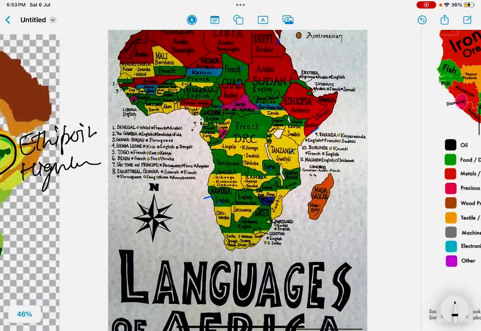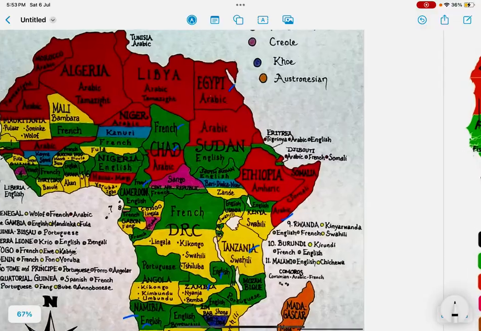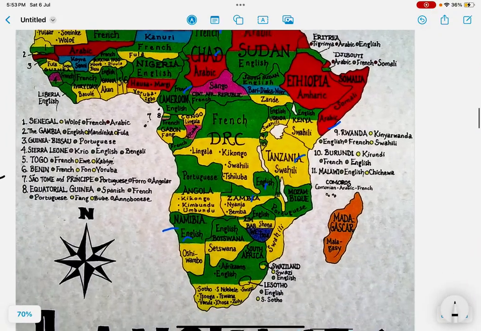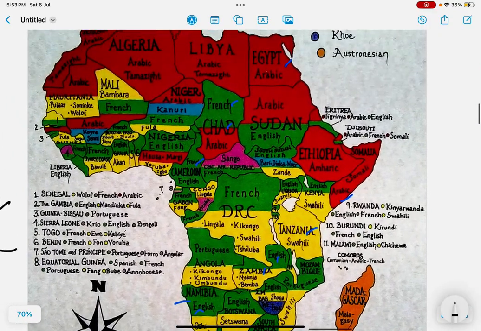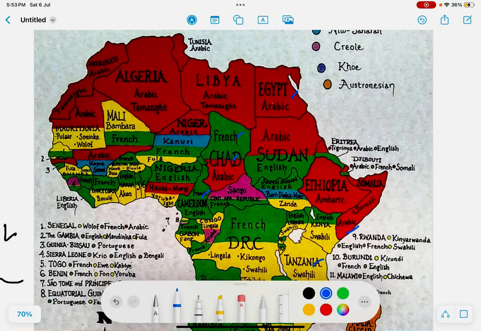Next map is of the languages of Africa. As you can see, there are multiple languages and very diverse in terms of languages. So let's start from the top. We have Algeria, which is Arabic language, Libya Arabic, Egypt Arabic, Niger is also Arabic, Sudan is Arabic and English, Chad is French and Arabic, Nigeria is English.